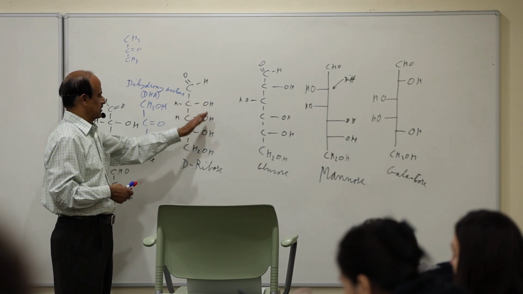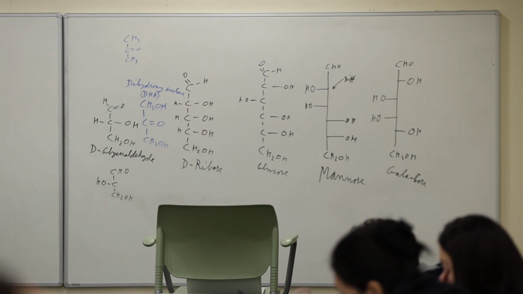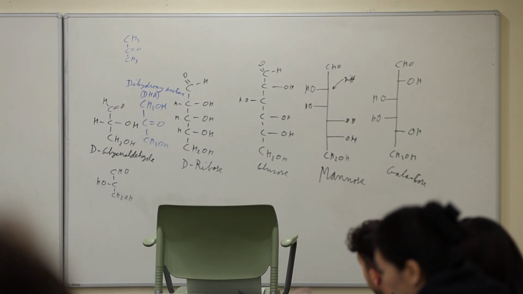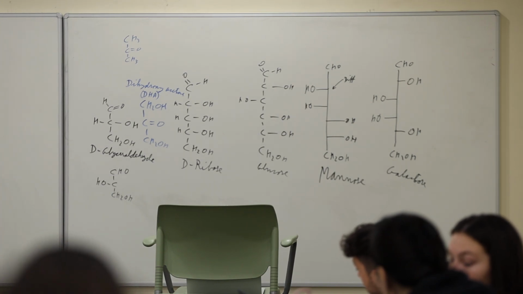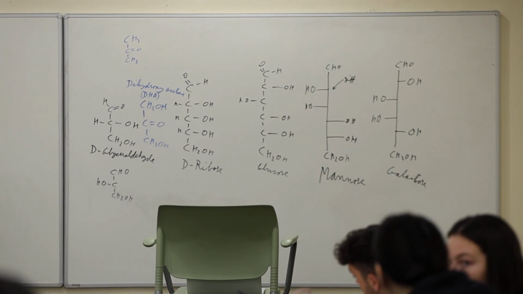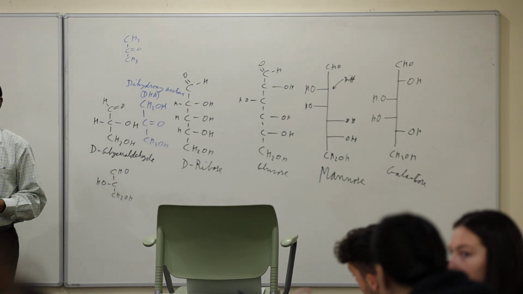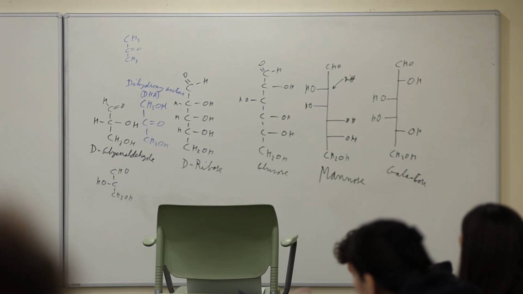In the same way, ribose will have a corresponding ketose called ribulose, which we are not studying because ribulose is important in what? Anyone knows what is ribulose? Where do you find ribulose? That means ribose with a keto group here instead of the OH group. That is called ribulose, and ribulose is important in photosynthesis. So that's where photosynthesis starts.